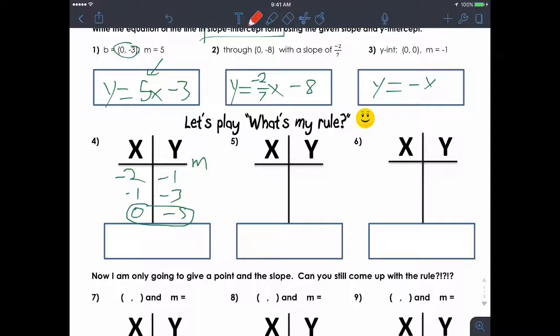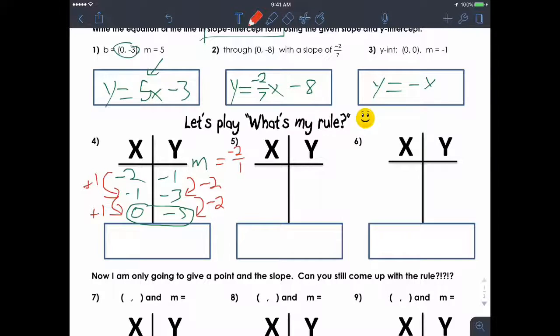We're going to look at the rate of change of the y. That's going to be from -1 to -3, you subtract 2. Right, from -3 to -5, you subtract 2. And then going in the other one, for the x, this is going to add 1, and then we're going to add 1. Okay, so the slope equals -2/1.